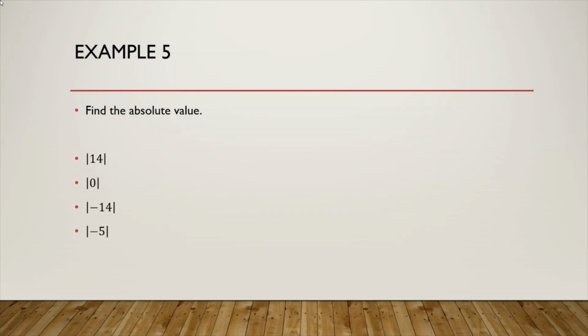All right, so now I'm going to introduce some other operations. So here, absolute value. When you have absolute value, think distance. So the absolute value of 14, that's 14 units away. So that would be 14. Think distance. Distance is always positive because you're just asking for how far it is away from something.